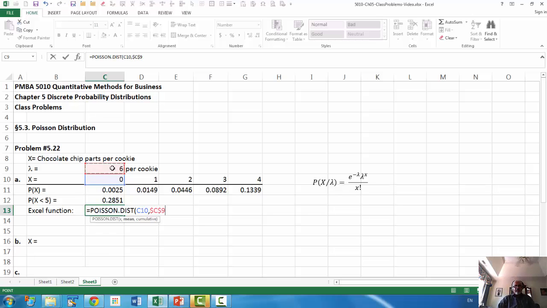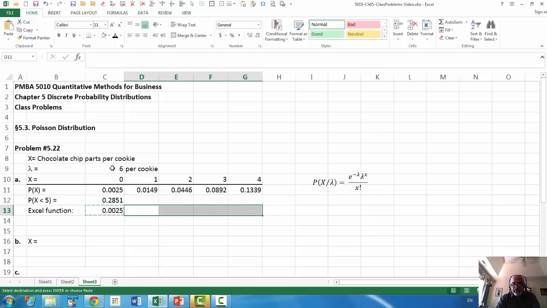Now, like in the binomial, you have to say whether you want cumulative or non-cumulative probability. If you put 0, that means individual probability. So let's do individual probability first. And you see you get exactly the same numbers. And of course, if you add all of them up, you get probability of x less than 5.